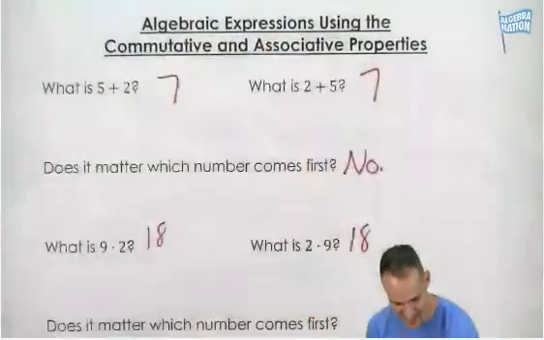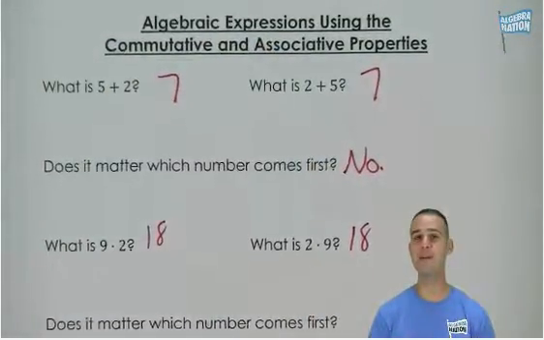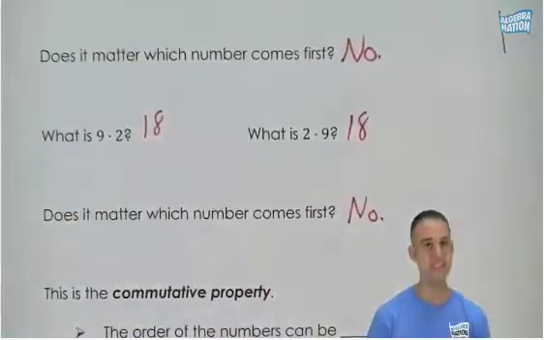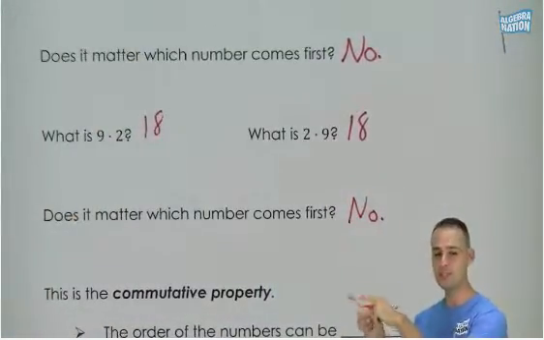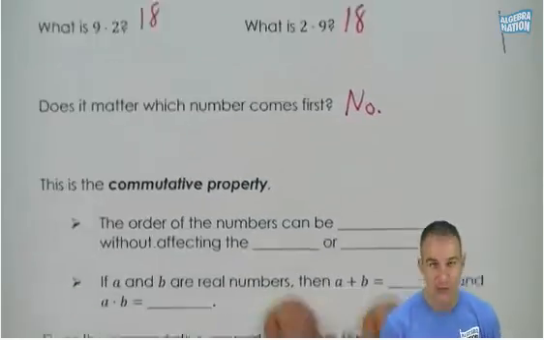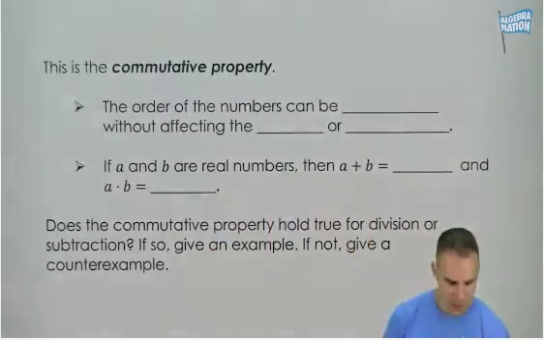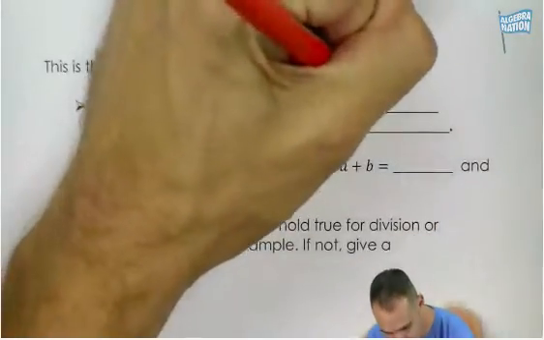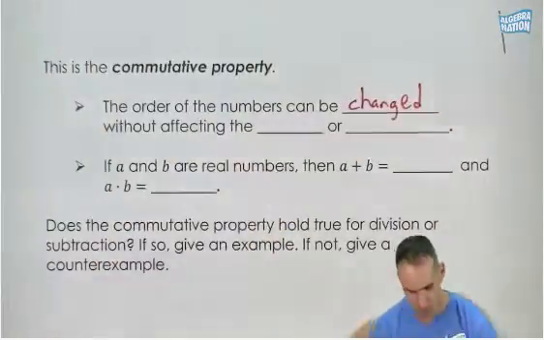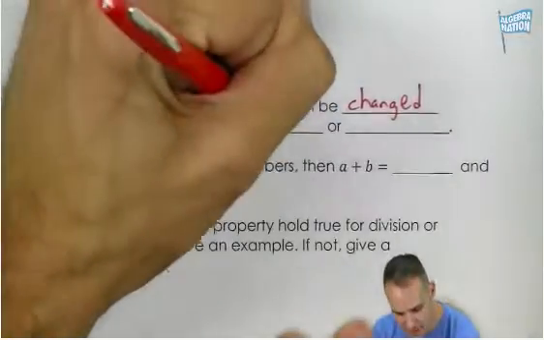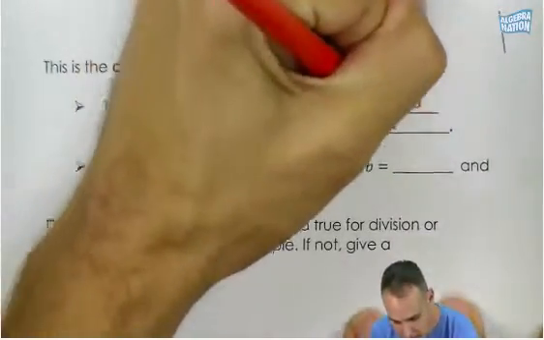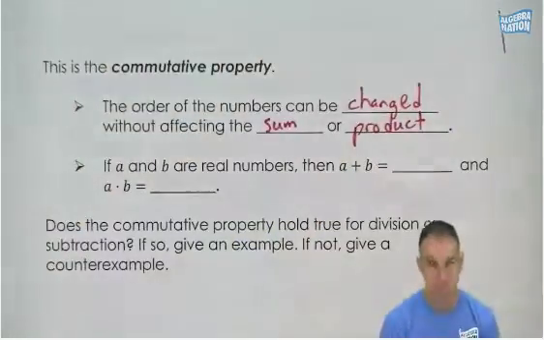It's still 18, because it doesn't matter which number comes first. And this is what's called the commutative property. The commutative property states that the order of the numbers can be changed without affecting the sum, that was the first example where we were adding, or the product, that was when we were multiplying.